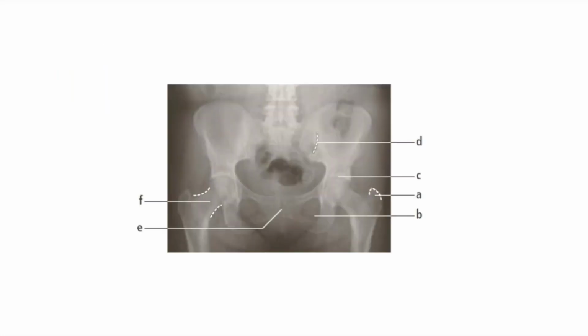Now let us see radiological images of musculoskeletal system. Now let us mark the structures in this X-ray. A is greater trochanter of femur. B is obturator foramen.